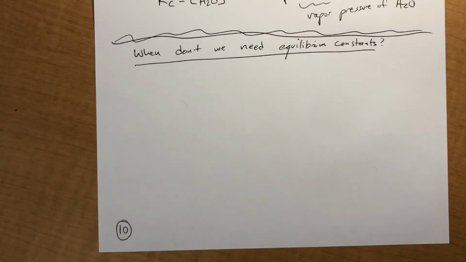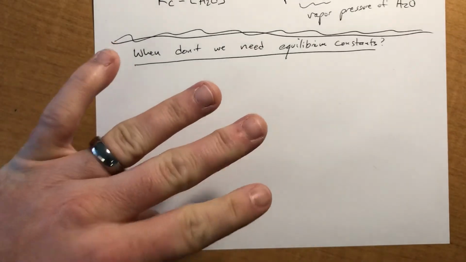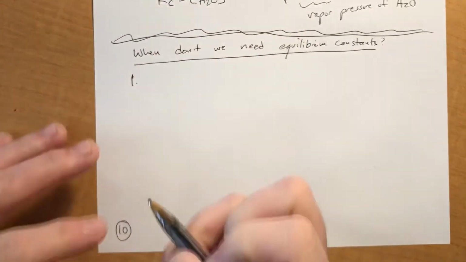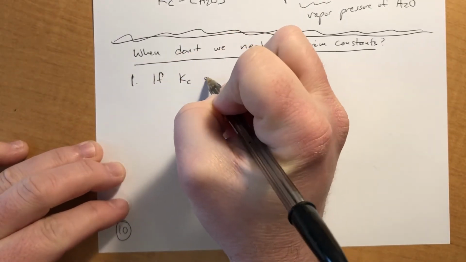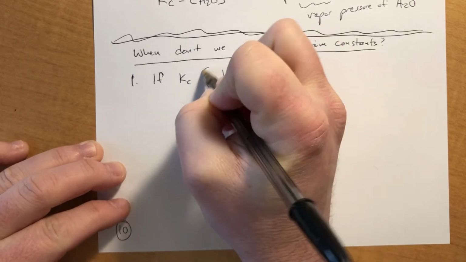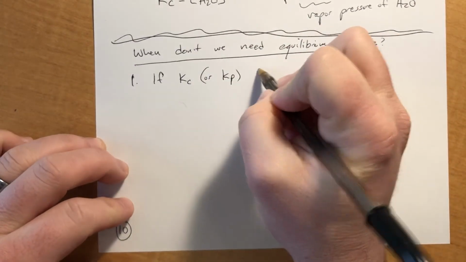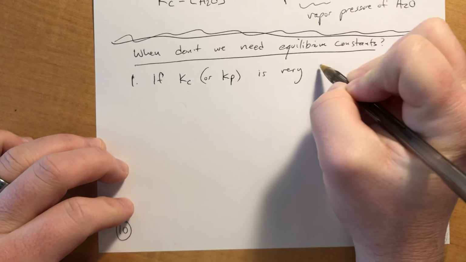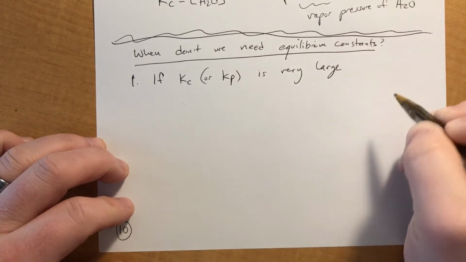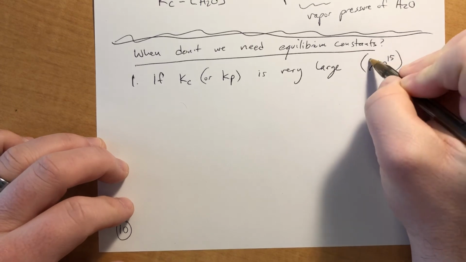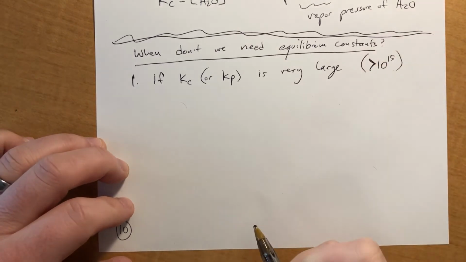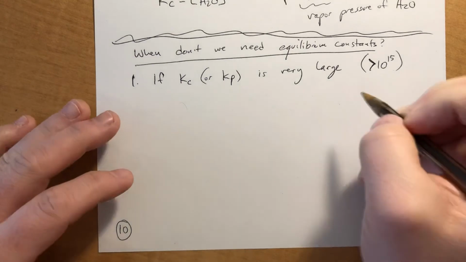Okay. There's basically 4 situations. I'm just going to list them out here and kind of talk through them. It turns out that if Kc or Kp, because they're always going to be similar in value, is very large. That sounds vague, so I'll give you some specifics. Pretty much anything bigger than 10 to the 15th, you can almost just assume the reaction isn't reversible.